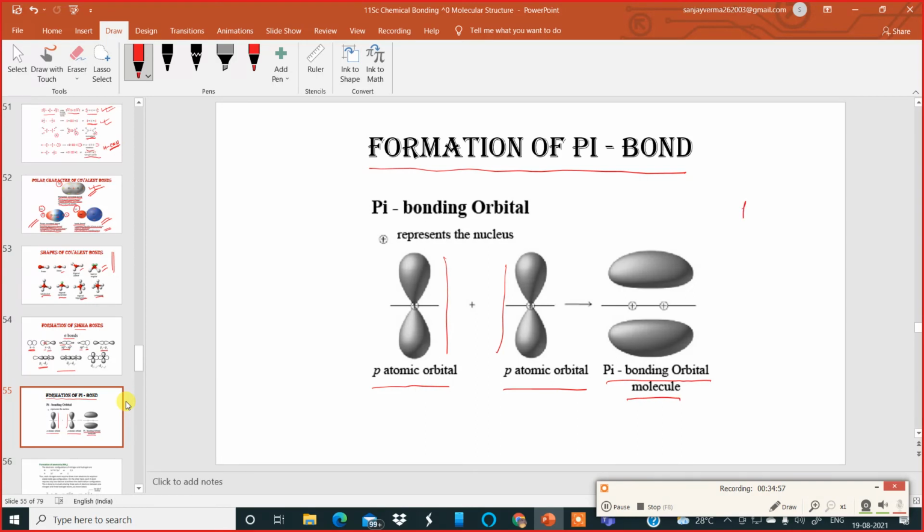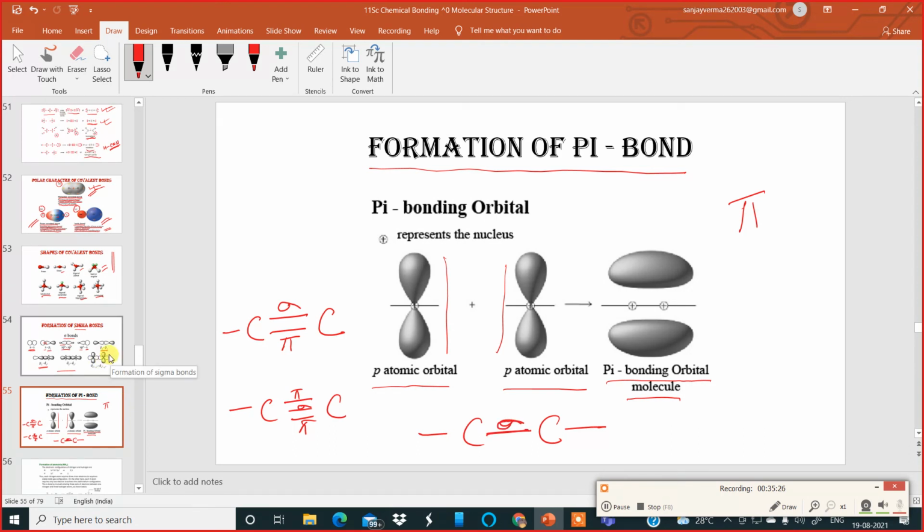So the symbol for pi bond is like this. If there is a carbon-carbon double bond like this, one is a sigma bond, another one is a pi bond. If there is a carbon-carbon triple bond, one is always a sigma bond, the other two are pi bonds. If there is a carbon-carbon single bond, then this single bond is always a sigma bond, which is formed by the head-on overlap.